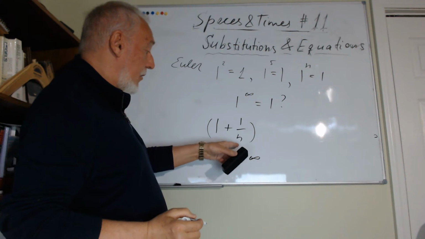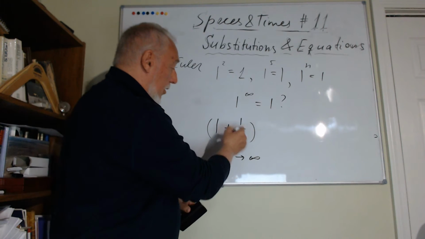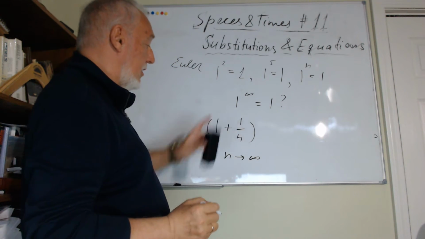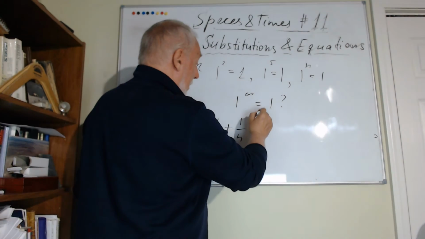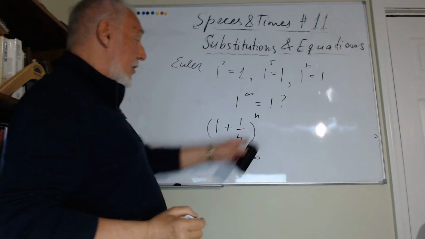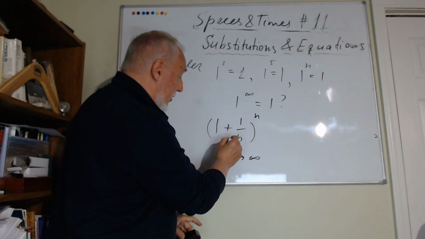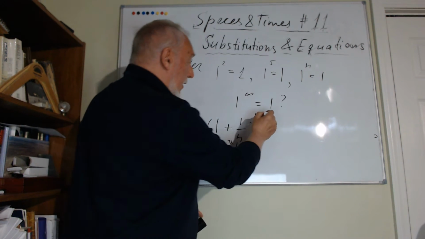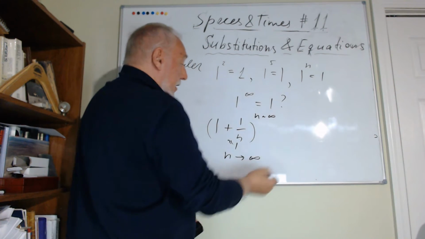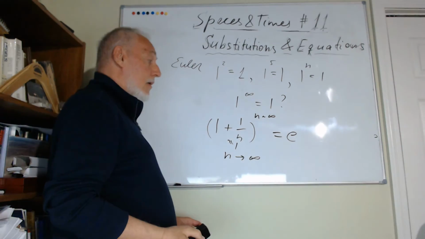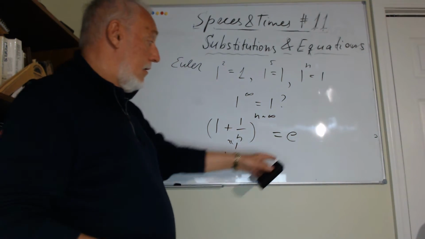So 1 divided by almost infinity approaches 0, so it's almost 0. But it is to the power of n, and n goes to infinity. So this is almost 1, to the power of almost infinity, and still this equals the Euler number.